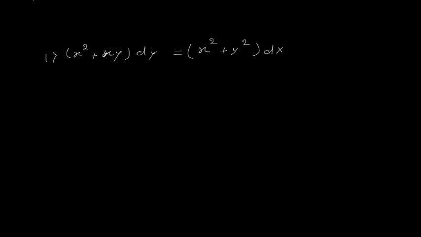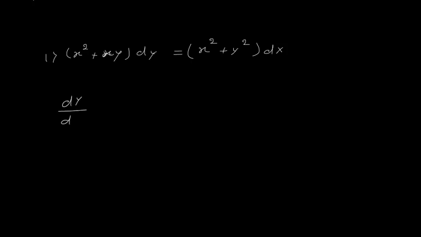Now in the previous exercise you have seen that if it is possible to separate all y terms with dy and all x terms with dx, then we integrate both the sides and we solve. Now here in this case you will find that it is not possible. You cannot separate all x with x, all y with y. So in that case what you will do? First you will check whether this is a homogeneous differential equation or not. To check that, first find out dy upon dx.